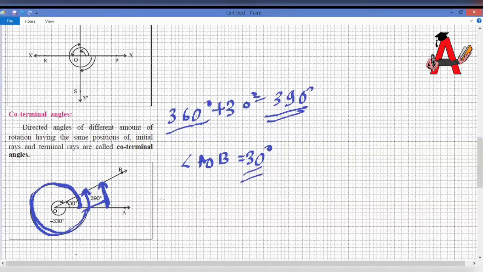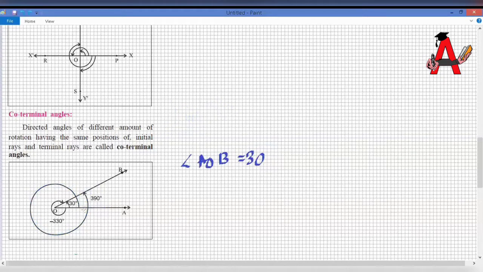Why? Because both of them have started from the same ray and ended on the same ray. If you see clearly, it started from OA and ended on OB, that is 30 degrees. Similarly, it started from OA, went all the way and ended here. It is 390. Further, if I start from this particular point and go around another circle, that will also be coterminal.